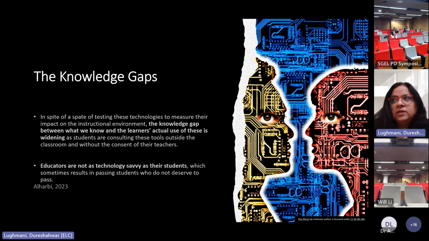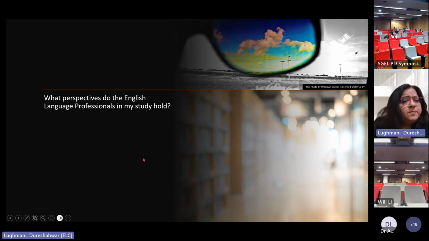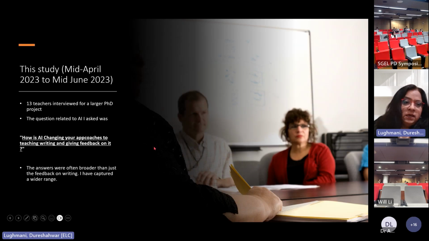Are we teaching what complements the technologies that they have affordances of? And we are not as technology savvy as our students. They are digital natives. So, what perspectives do English language professionals in my study hold?